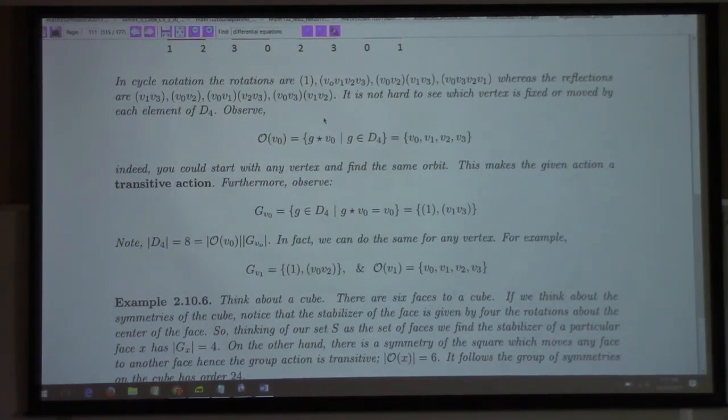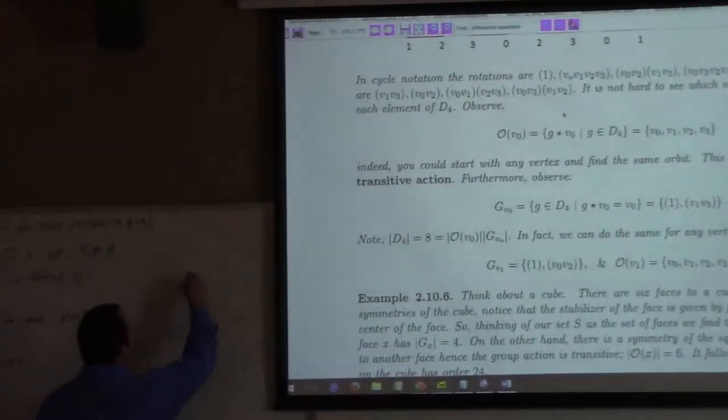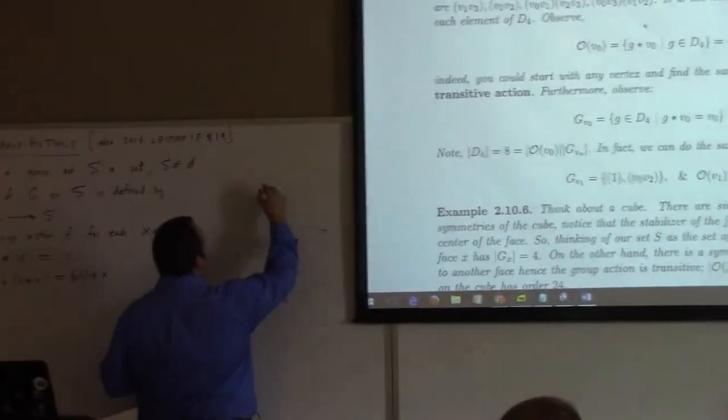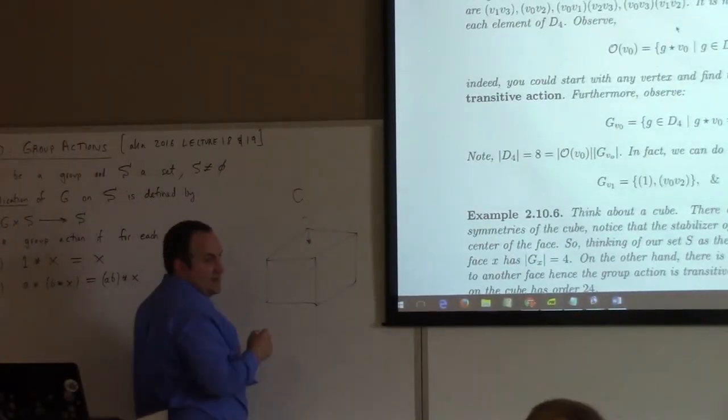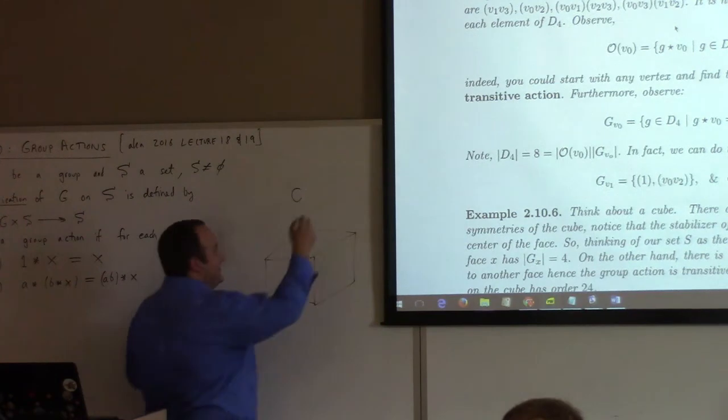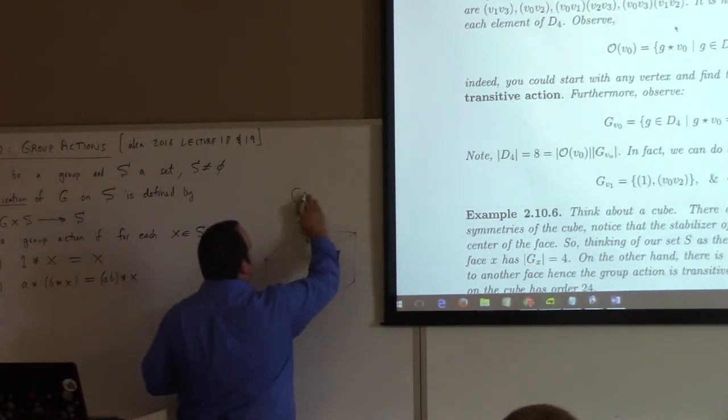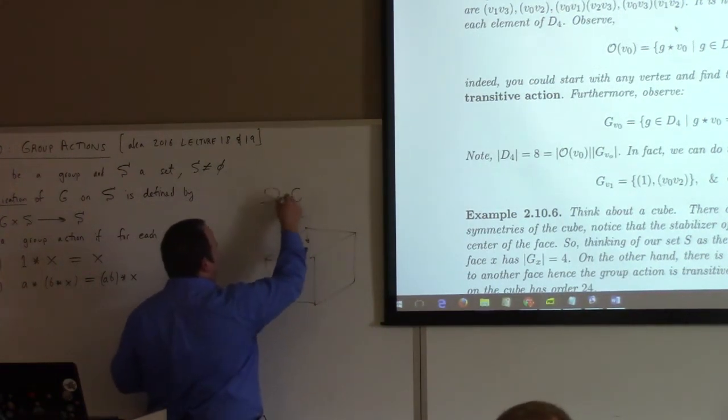6 faces to a cube, right? So let's call this thing, I need to come up with a name for it. How about C? For cube, right? And we can talk about the symmetries of the cube.